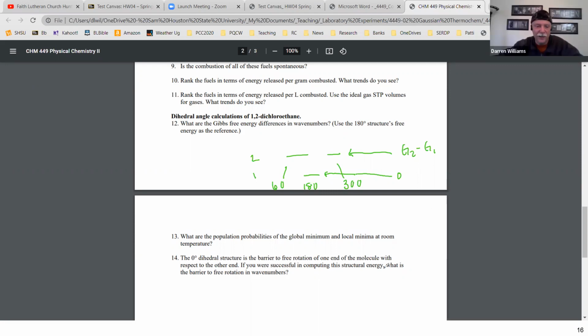So you've got this next one, the 0 dihedral structure is the barrier to free rotation. So let me just go up to that energy level diagram. Let's see, that's right here. I've got to quit annotating here. How do I get rid of it? Okay, stop that.